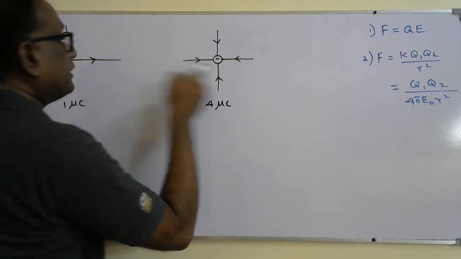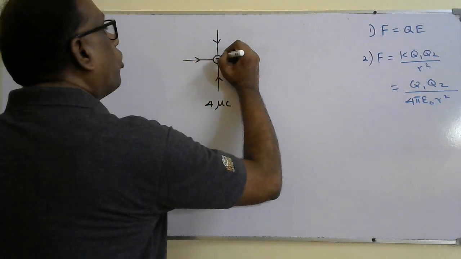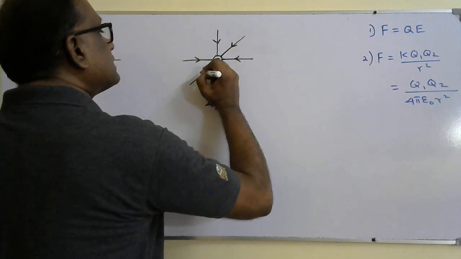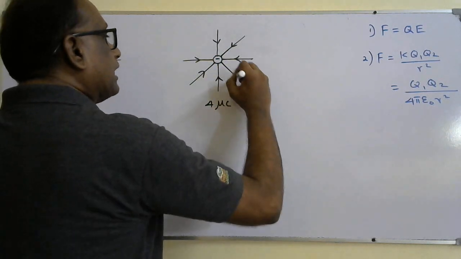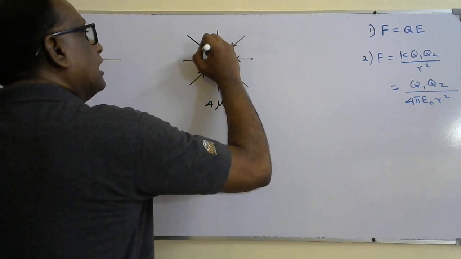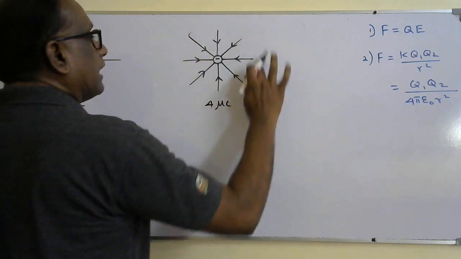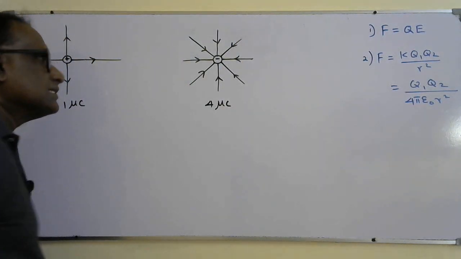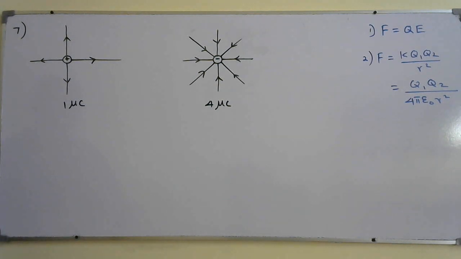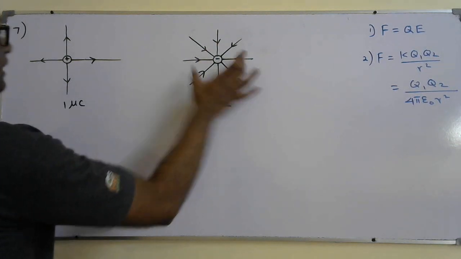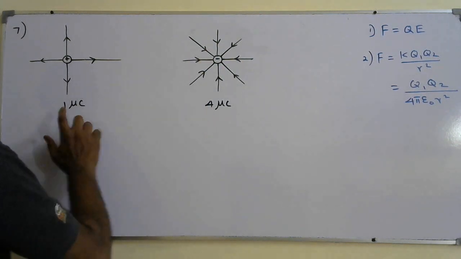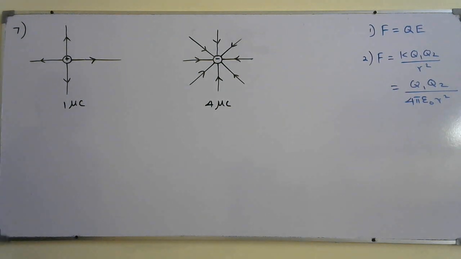So when I draw both, I should draw more lines on this charge because it has higher strength. When we draw, the length of all the lines should be almost the same by eye. So the number of lines per unit area indicates the strength. So here is a stronger field compared to this, because this is 4 microcoulomb and this is 1 microcoulomb.